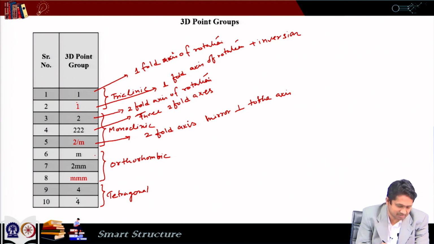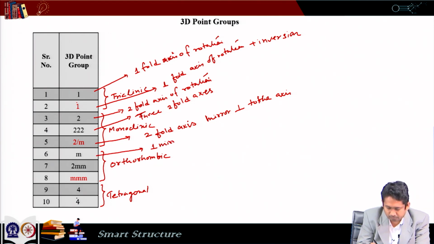At number 6 we have just m. So, m means it has one mirror plane. Then we have 2mm. 2mm means a 2-fold rotation axis.